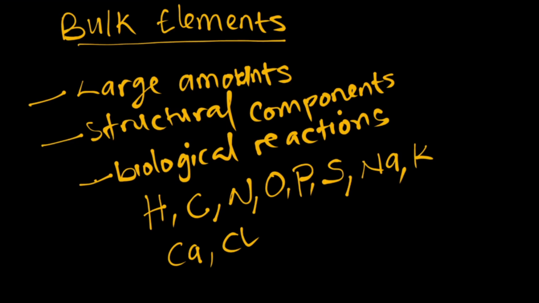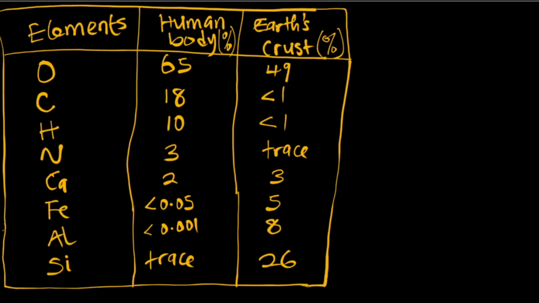These are examples. The four most abundant elements in living organisms include carbon, hydrogen, nitrogen, and oxygen.